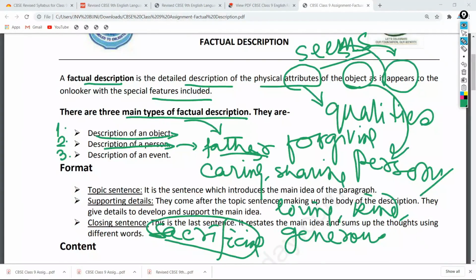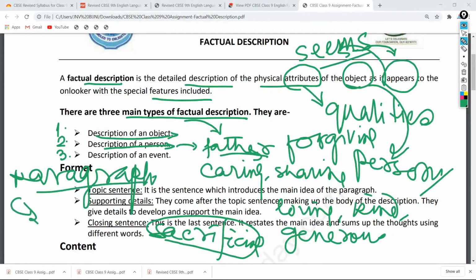Now say for example, you want to make the essay from the paragraph. So when you are elaborating, means you are illustrating the points.